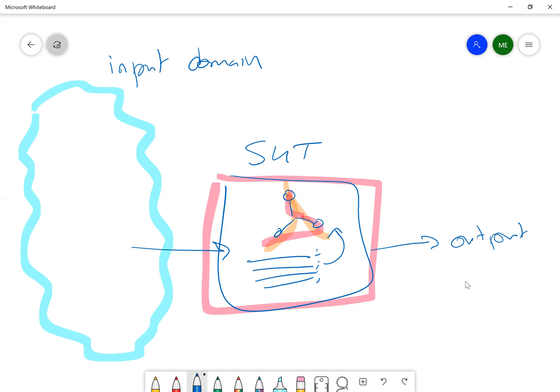Now, I'm going to simplify the concept to the absolute nth degree. So here you are, you've got the system under test. It's got 60 classes, hundreds of if-else statements, loops, data flow going all over the place.